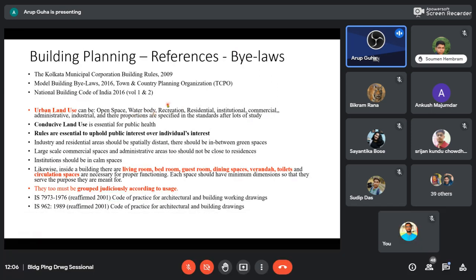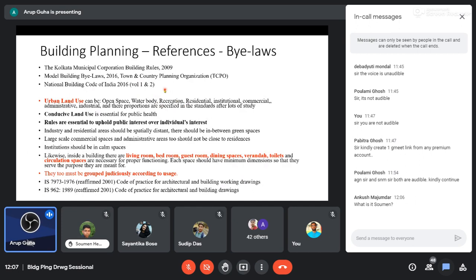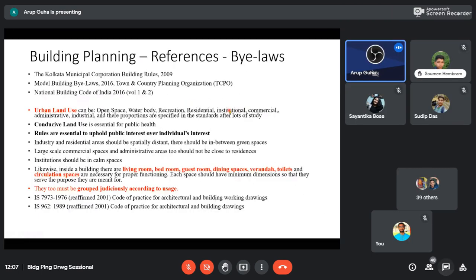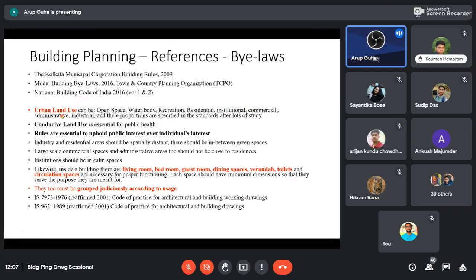Then this open space and water body could be built up into some recreation center, park, residence, institutions, not only teaching institutions but other institutional installations, administrative, they are all institutional. Then commercial, administrative, industrial, so these are all usages of what was initially open space, and they are all included into the urban landmass. Inside a city you will find all those activities.